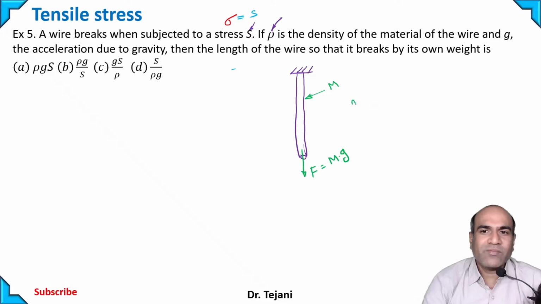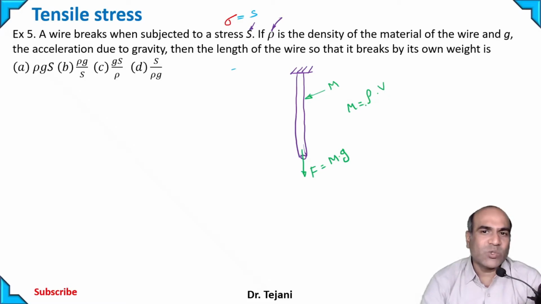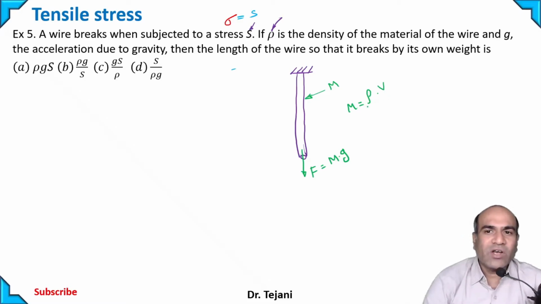So do we have its mass? Can I say mass is equal to density multiplied by the volume of the body? If this body has, say for example, a radius r and length l, we can also find the volume, but we are not going beyond that.